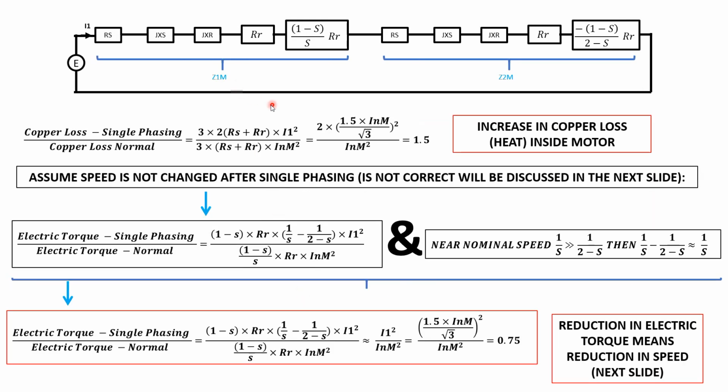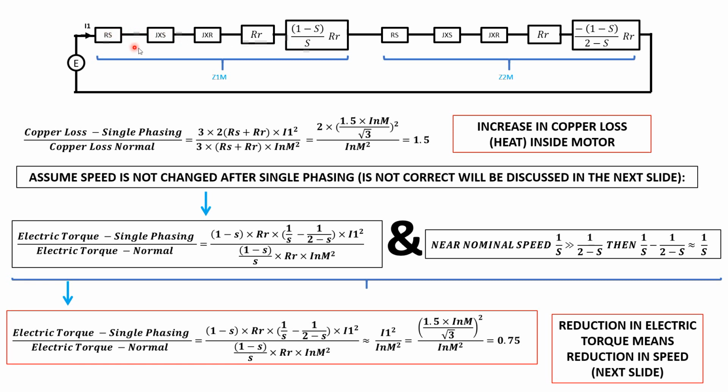So why are they important? Then what about the copper loss? Copper loss in single phasing is basically 3 times, because this is a single phase model in symmetrical components. In symmetrical components, we all assume the system is 3-phase. So the positive sequence and negative sequence are the same.